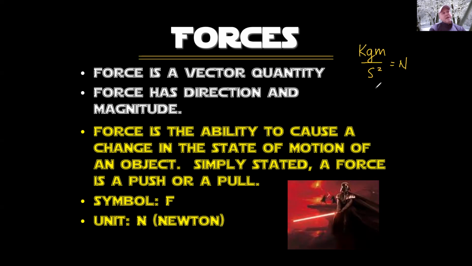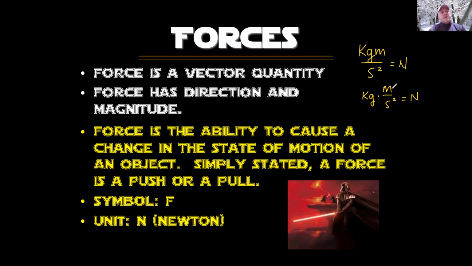If you dissect that, you have a kilogram, which is a unit of mass, and you have a meter per second squared, which is a unit of acceleration. That kind of gives you the idea of where F equals ma comes from, which I assume you've probably heard of. M times A equals force.